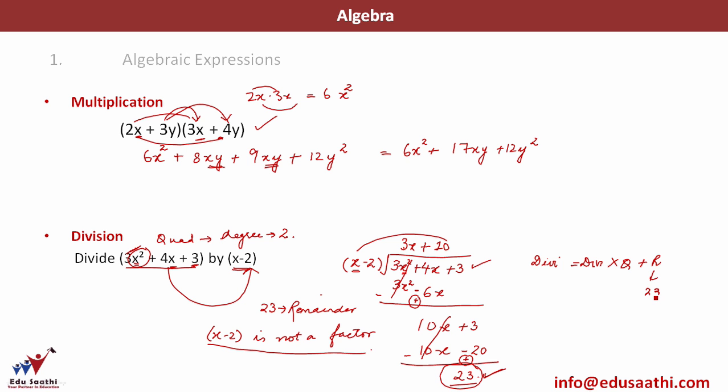So there is a remainder of 23. The divisor is x minus 2. The quotient that you get is 3x plus 10.